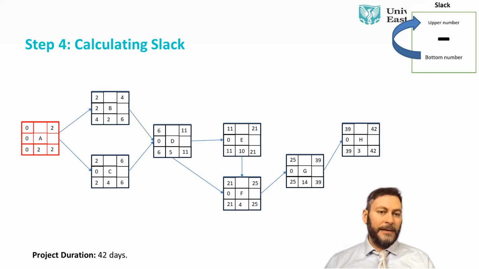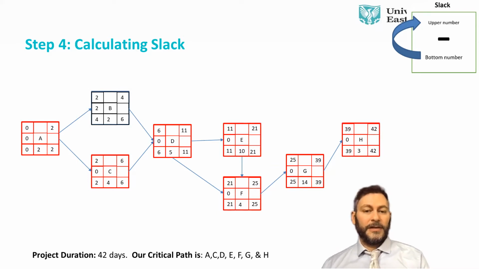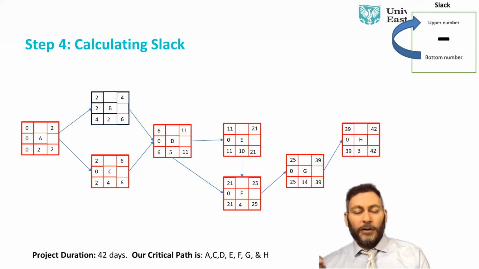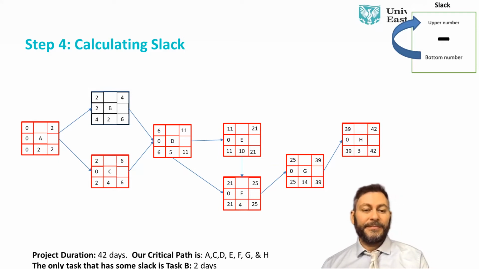So activity A is 0 slack, activity C is 0 slack, D is 0 slack, E 0 slack, F, G, and H. And this becomes our critical path. Our critical path is A, C, D, E, F, G, H. Any delay on any of these activities will delay the whole project by 1 day.